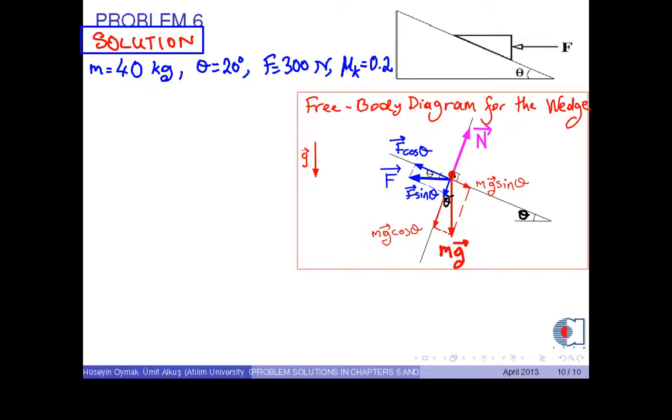To determine the direction of motion of the wedge along the plane, let's calculate F times cosine theta and m times g times sine theta, since they are the only forces along the plane. F times cosine theta equals 300 newtons times cosine of angle 20 degrees, which is approximately 282 newtons.